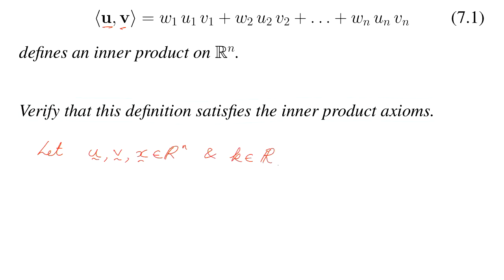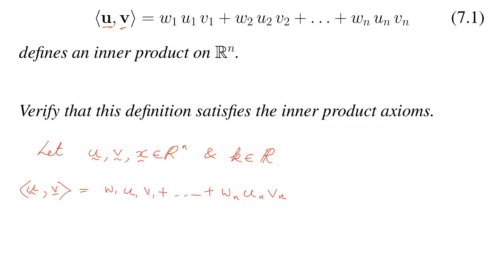So the first property is symmetry. So we want to consider the inner product of u and v.